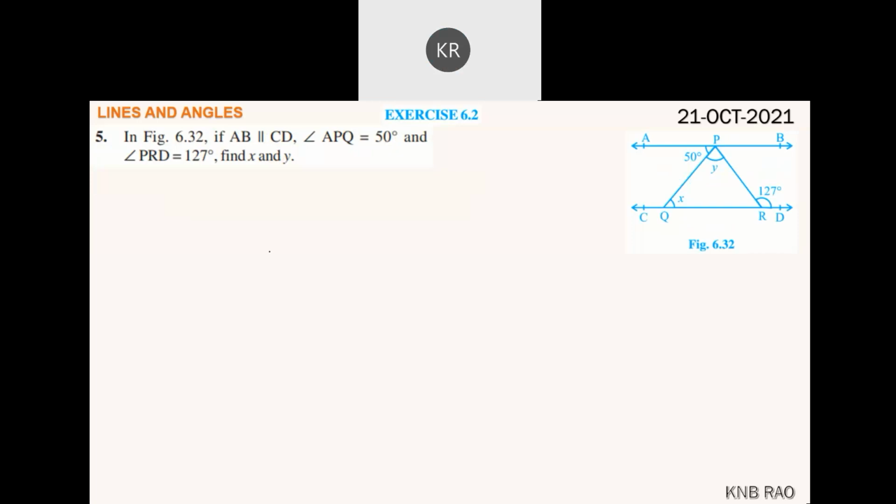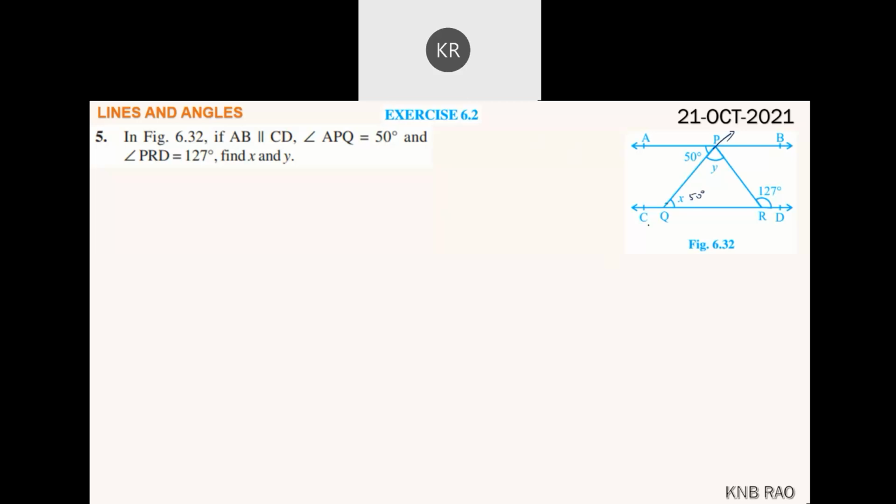Next question, question number 5. If AB is parallel to CD, angle APQ is 50 degrees, angle PRB is 127 degrees. Find x and y. How will you do it? X is 50 degrees. Why? Alternate interior angles.